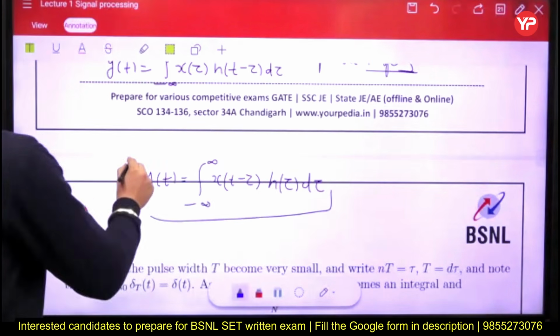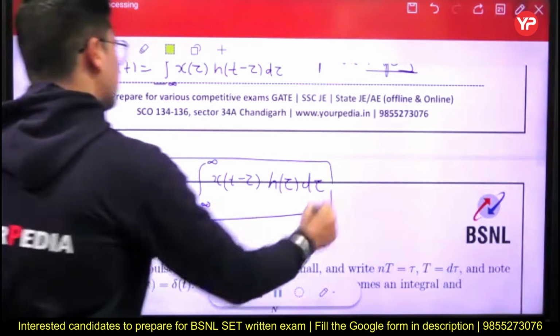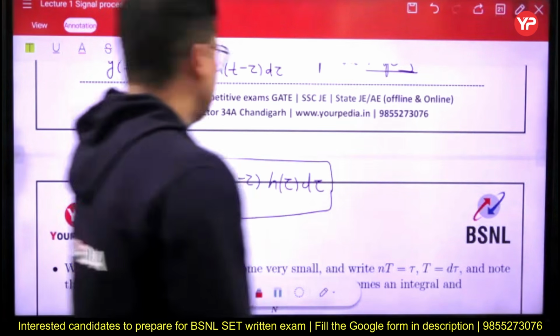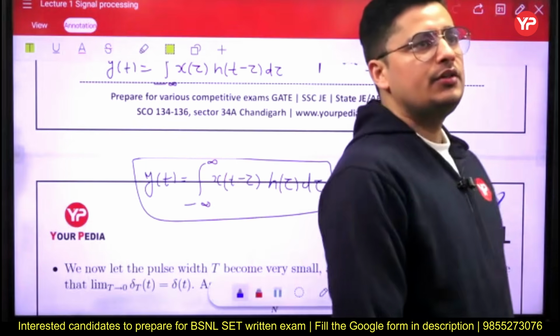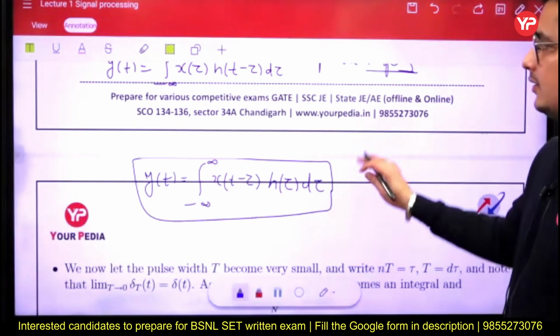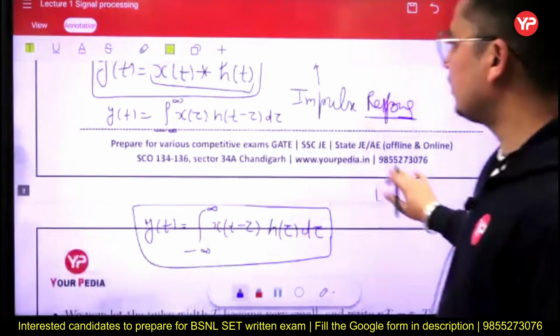You can interchange both of them, x and h. These are the two formulas for the output y(t), the convolution of input x(t) and h(t).